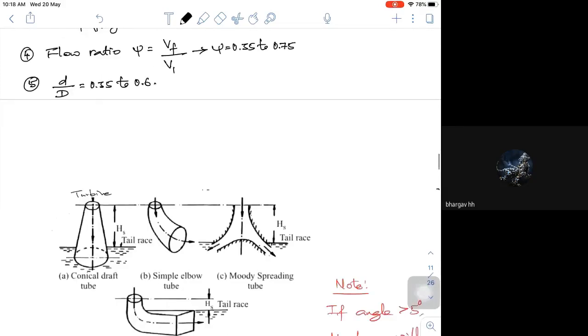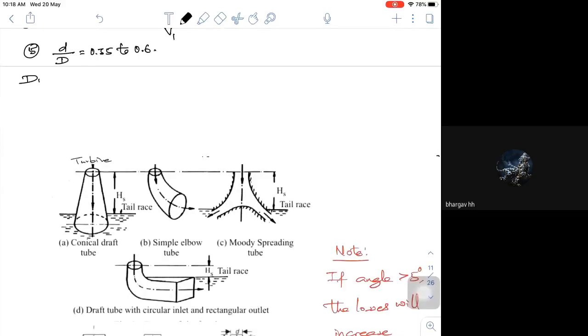So what is a draft tube? Let me write the definition. What is a draft tube?